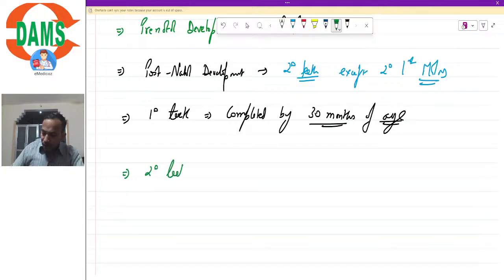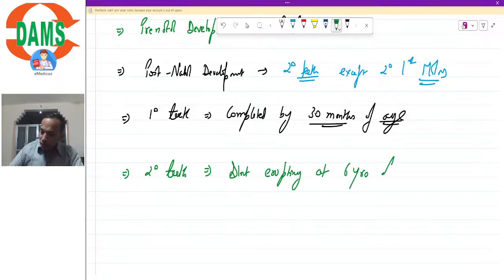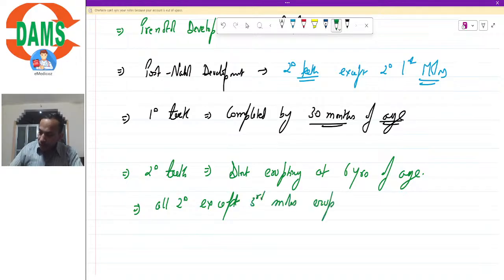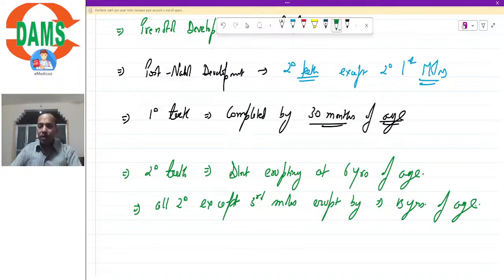The permanent teeth start erupting at 6 years of age. And if we are not considering the third molars, all permanent teeth except third molars erupt by 13 years of age, right?